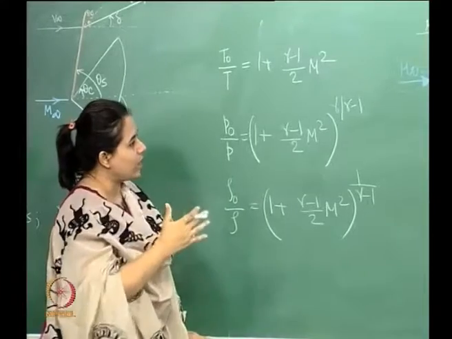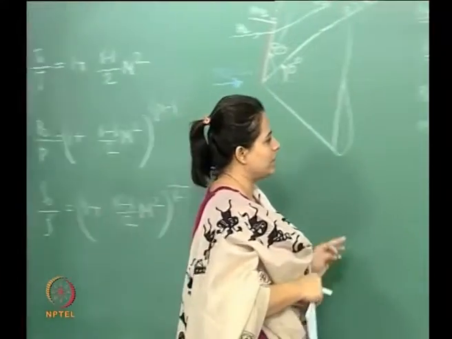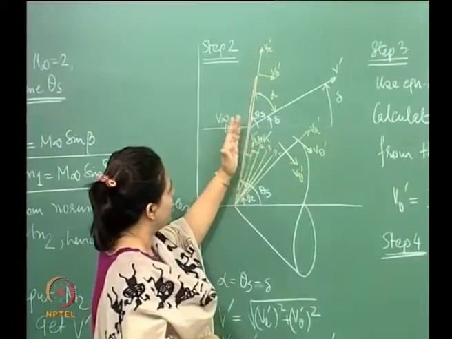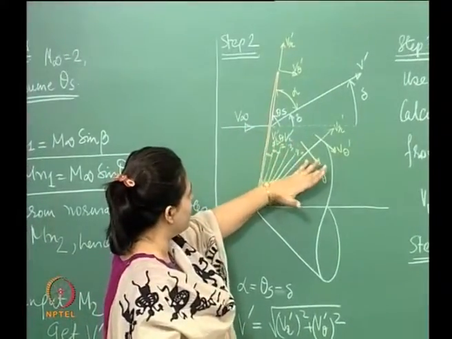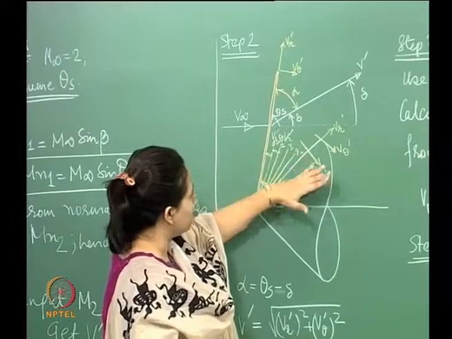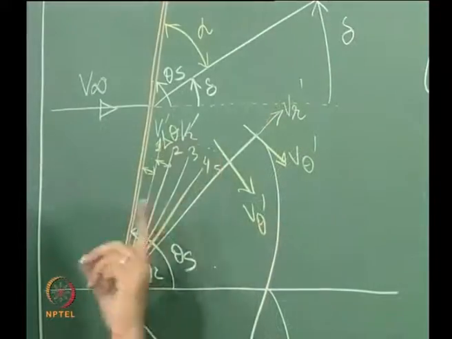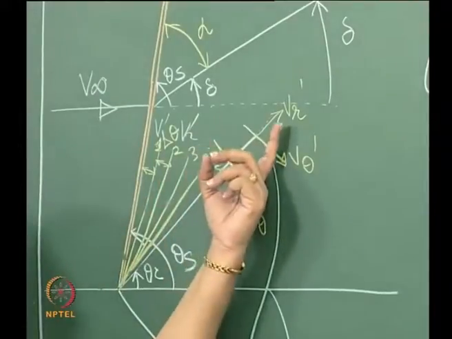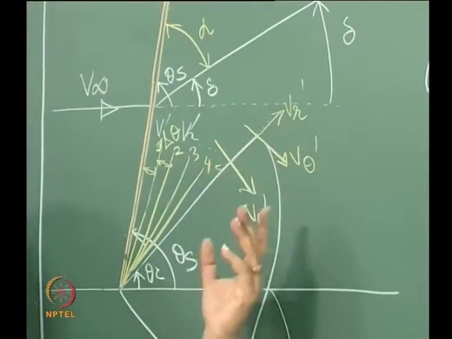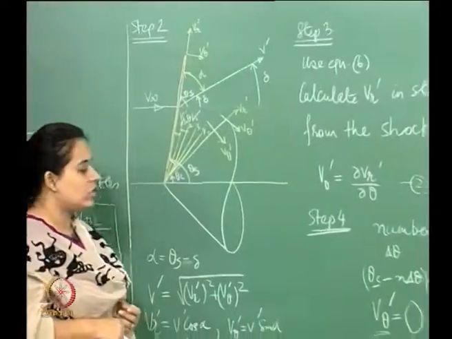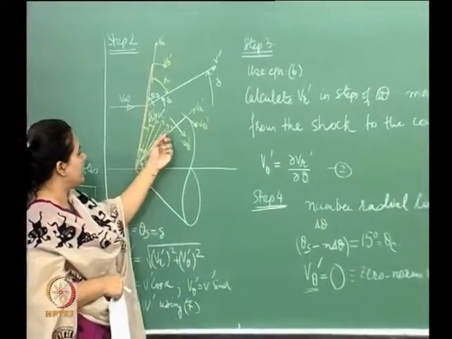We keep doing this over the entire region behind the shock. Once we come over here, we are looking at the radial line at theta c, which is the half cone angle. Corresponding to that, V theta dash should of course be 0, because of the zero normal velocity boundary condition, which we will implement.